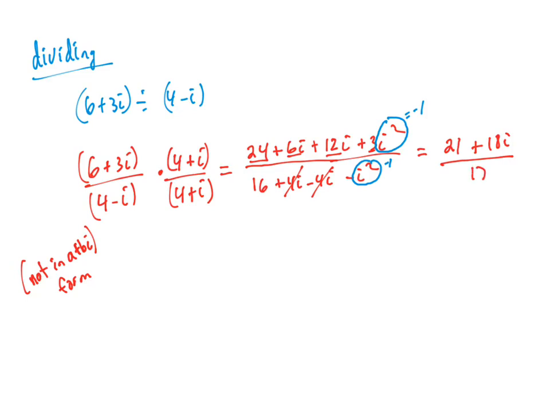Alright, now if we look at this, it doesn't really look like it's in a plus bi form, but we can split this up into two fractions, and now this is in a plus bi form. Remember, a and b just need to be real numbers, not necessarily integers.